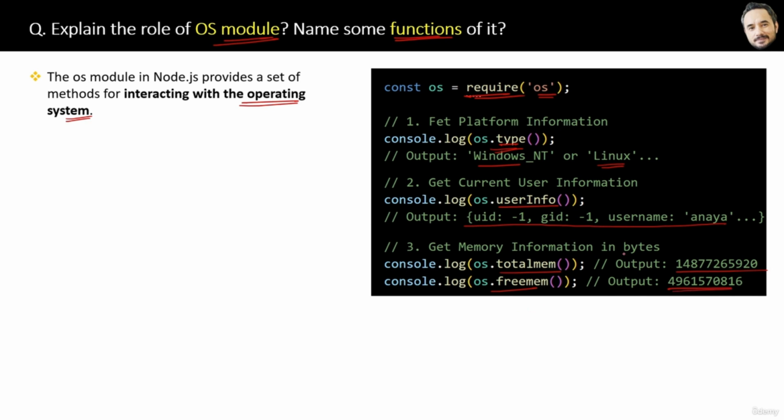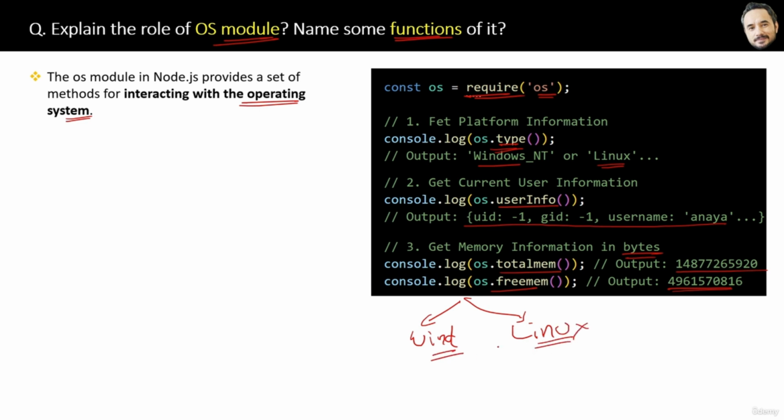Now you might ask why we need this operating system information in our Node project. Basically, sometimes we deploy Node projects on Windows, sometimes on Linux. So servers can be different, right, on different operating systems.